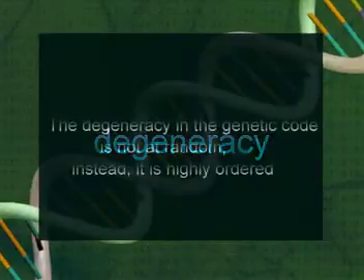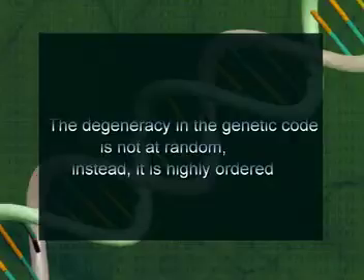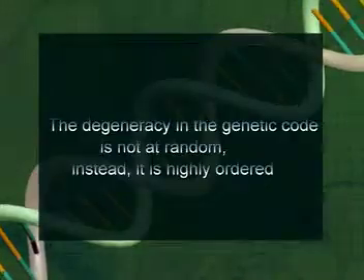The degeneracy in the genetic code is not at random. Instead, it is highly ordered. Usually, the multiple codons specifying an amino acid differ by only one base, the third or 3' base of the codon.